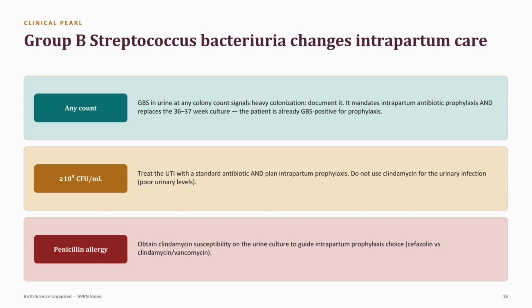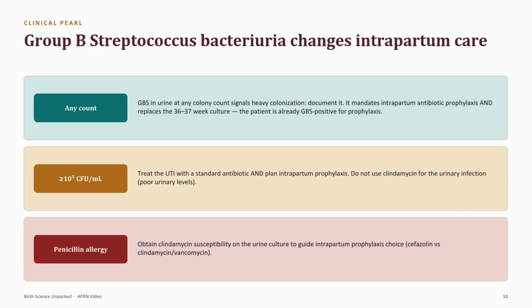Here is a pearl. If group B strep shows up in the urine at any count, it flags heavy colonization. Document it, because it commits the patient to intrapartum antibiotic prophylaxis and replaces the 36 to 37 week swab because she's already considered GBS positive.